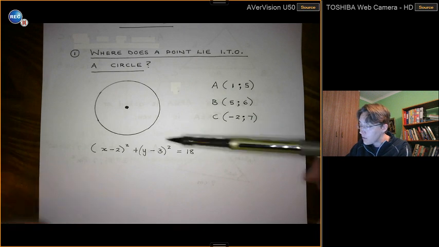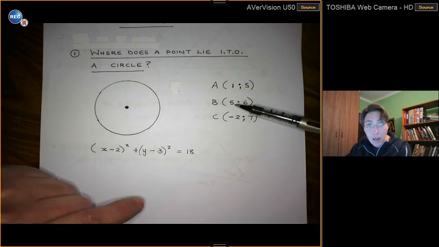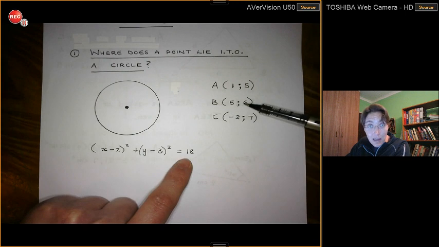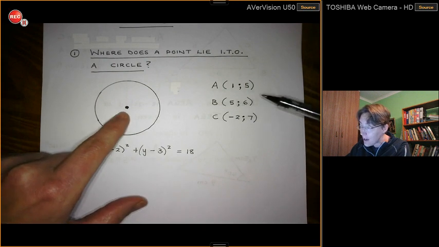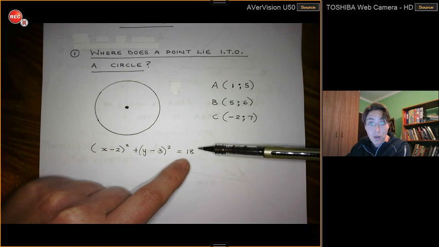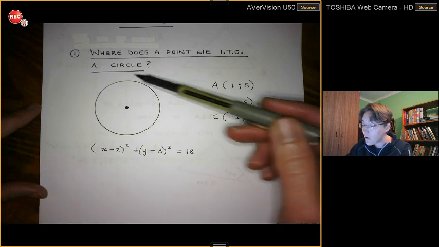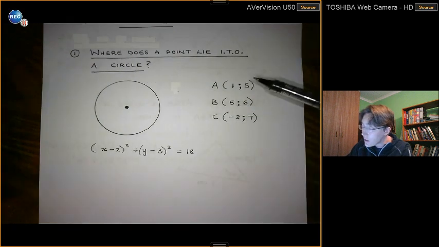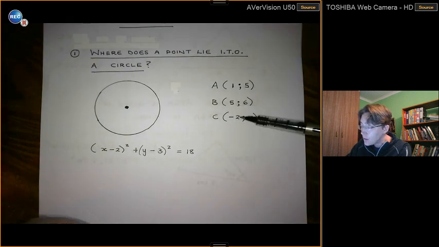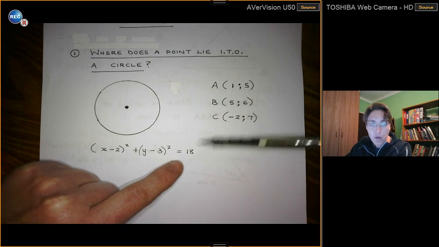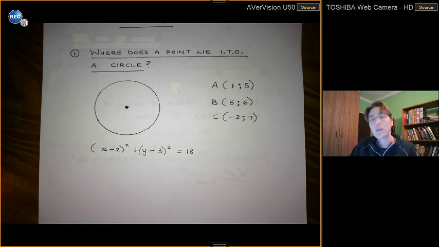If I again go from the center of the circle to another point, and that point lies the exact same distance as the radius, so in other words, the distance between the center and that point is equal to the length of the radius, then that point must lie on the circumference of the circle. Then lastly, if a point lies a bigger distance away from the center of the circle than the radius, then that point lies outside the circle. So let's just do the examples and you can quite quickly see how this works.